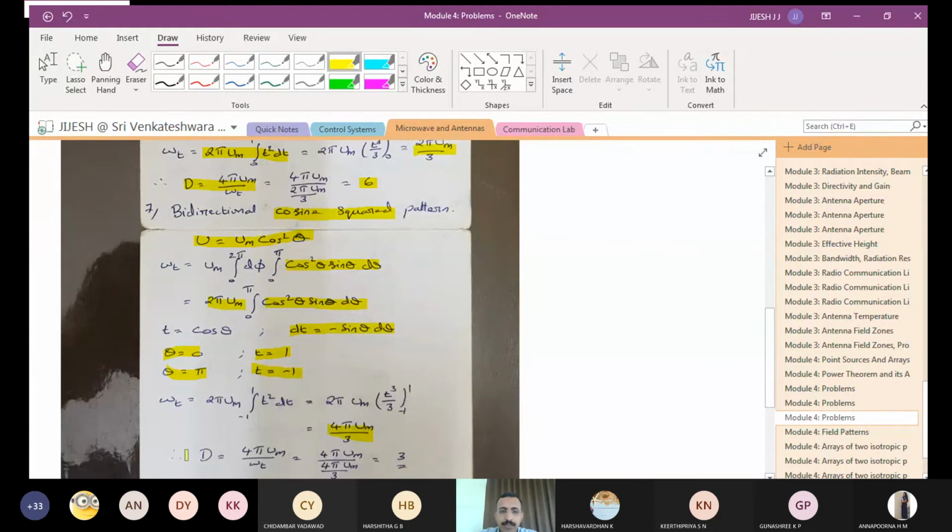So all of you complete it. I'll just wait for others also to complete. One minute we can wait, so everyone can complete it. One more problem we are going to see. I am going to give you U and you are asked to find out the directivity. So let us do that. Let me wait for 1 minute for everyone to complete it.